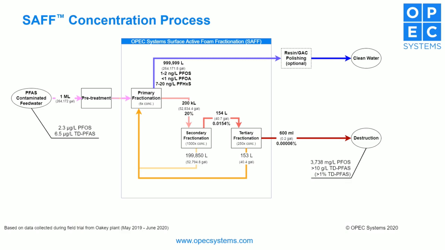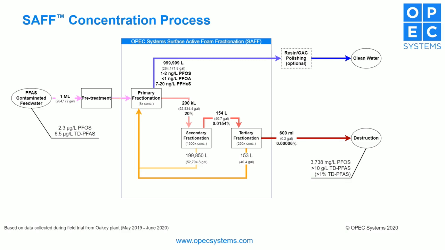Secondary fractionation is similar in that it uses the physiochemistry of the fluorocarbon compound to rise and accumulate as a foam at the meniscus. But then we adjust parameters around the space between that layer of foam and our vacuum hood, including vacuum pressure, foam height and the water level within the tank, to create the optimal conditions for us to draw off a really sweet, dry foam.